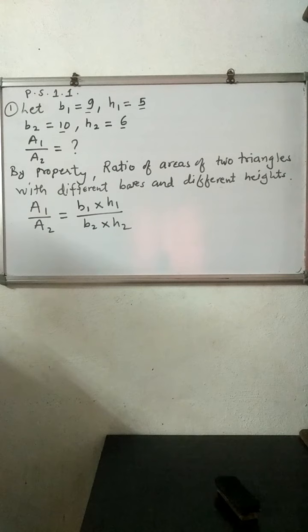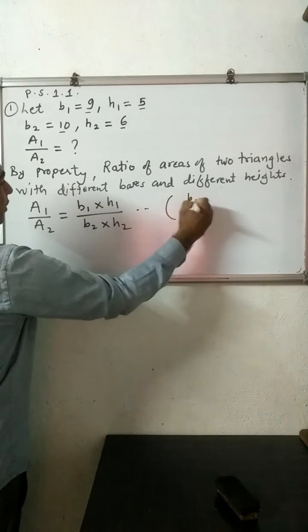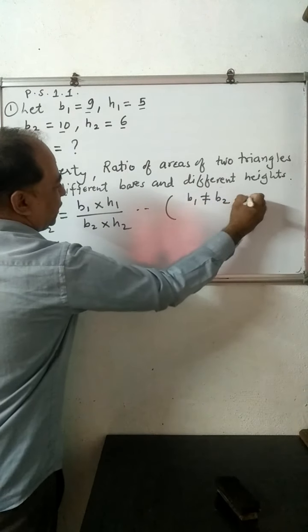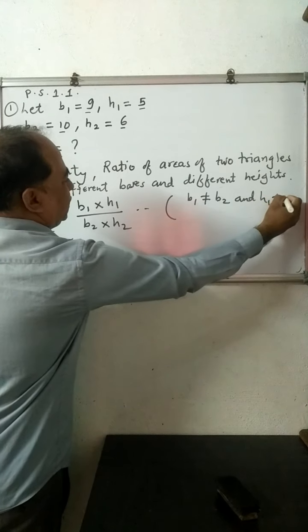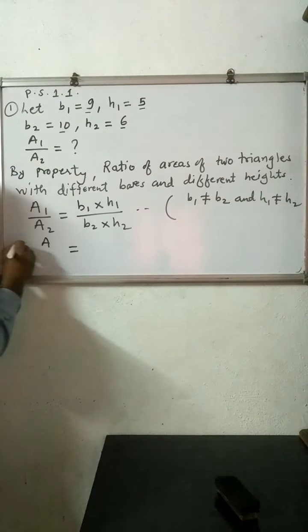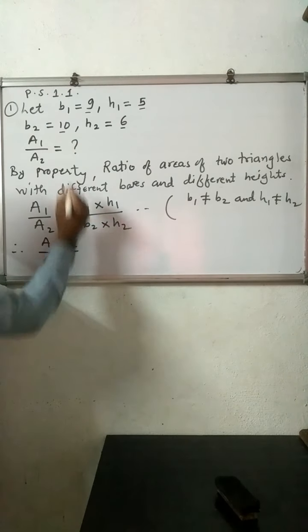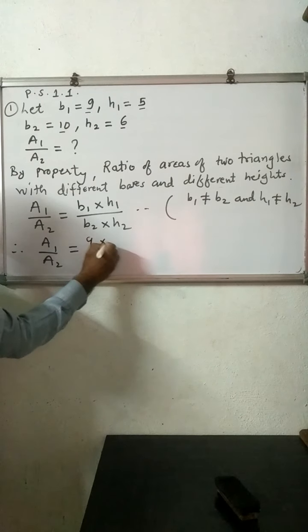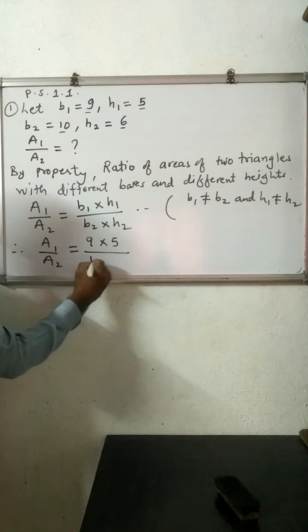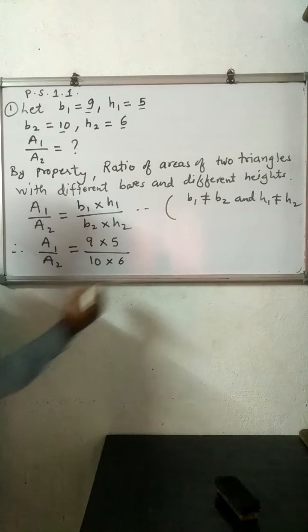Here B1 is not equal to B2 and H1 is not equal to H2. So the ratio A1 upon A2 is equal to B1 9 into H1 5 upon B2 10 into H2 6.